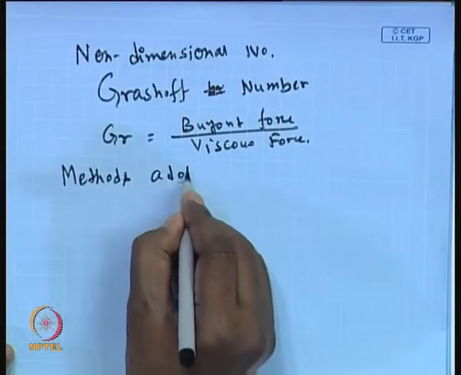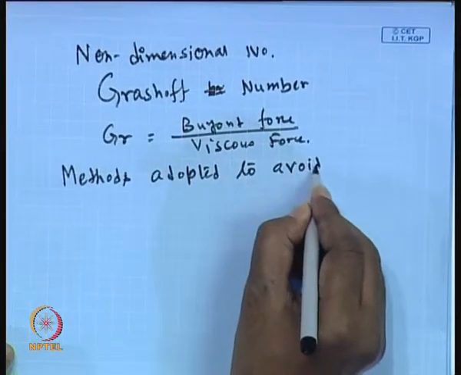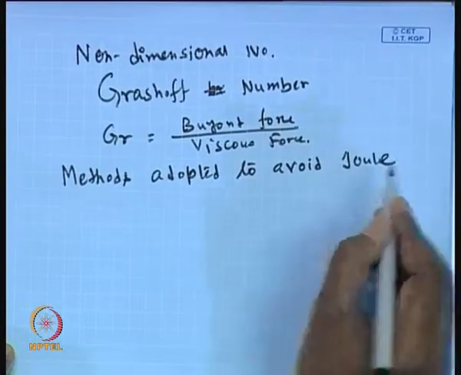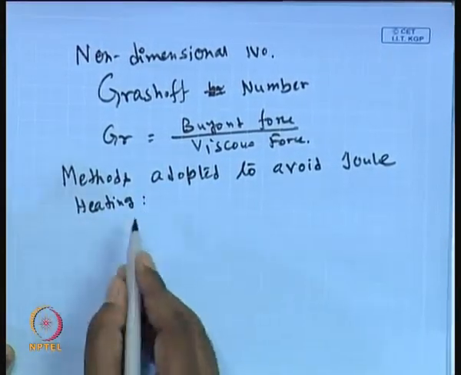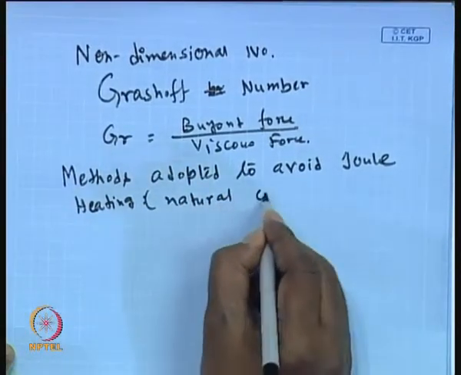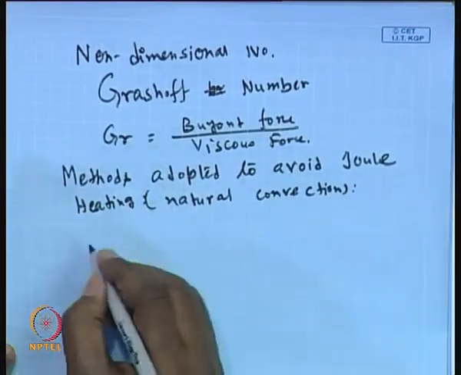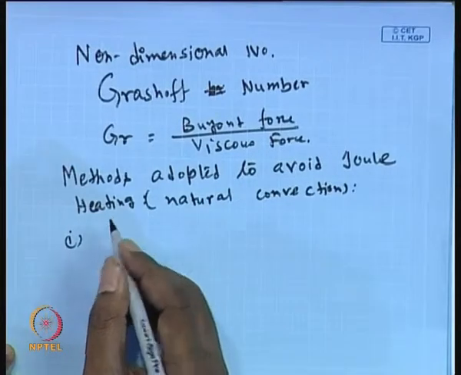Methods adopted to avoid Joule type of heating or natural convection. Number 1, efficient cooling reduces delta T and prevents thermal degradation.